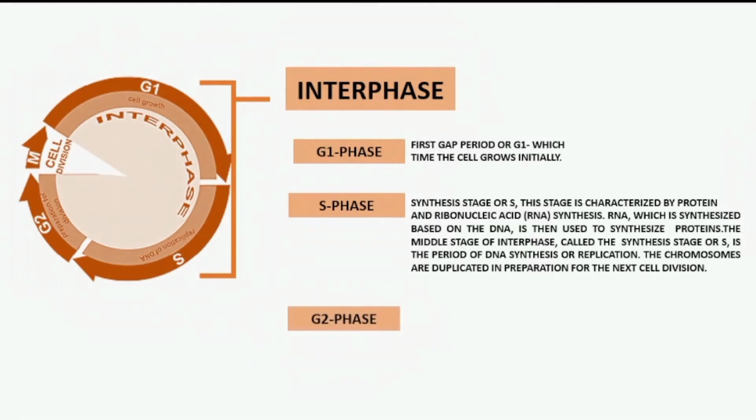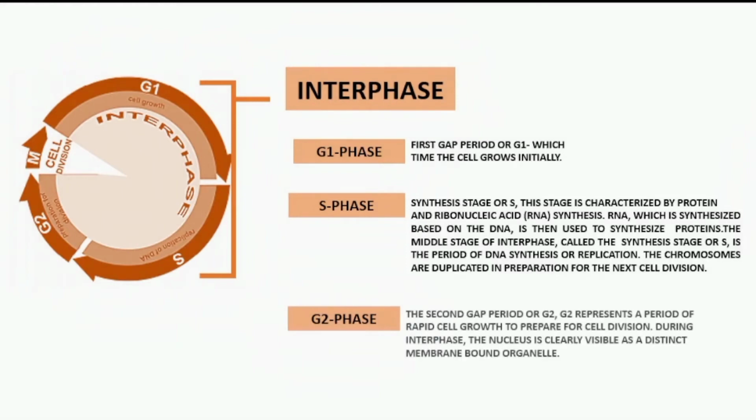The third one is the second gap period or the G2 phase. It represents a period of rapid cell growth to prepare for cell division. During interphase, the nucleus is clearly visible as a distinct membrane-bound organelle.